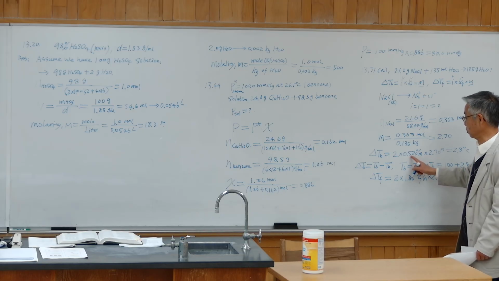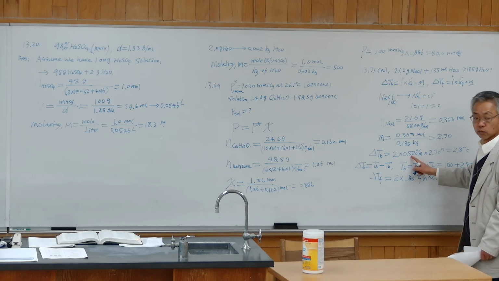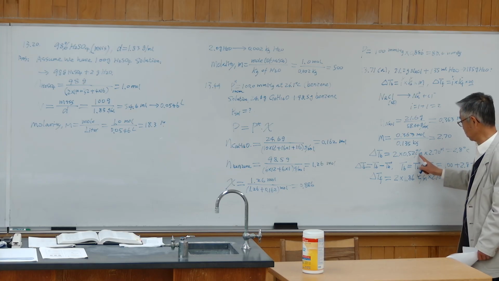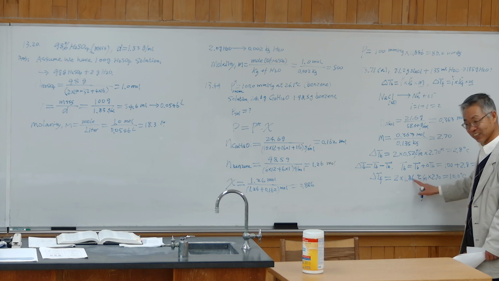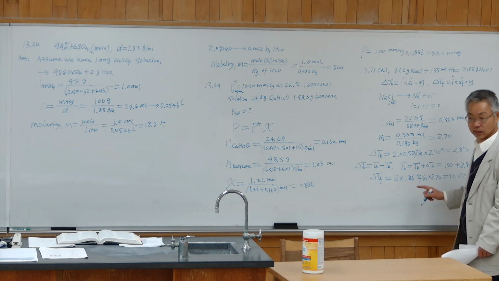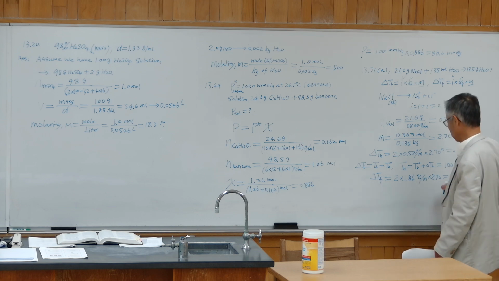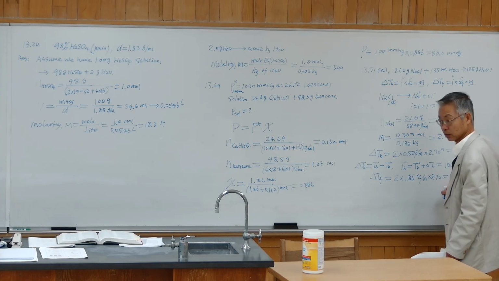Kb for water is 0.52 Celsius degree per molality. Then times the molality 2.7. Overall, delta TF will be 10 degrees Celsius.